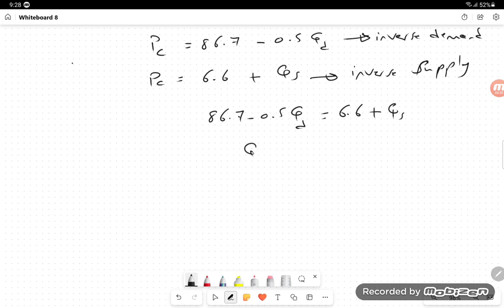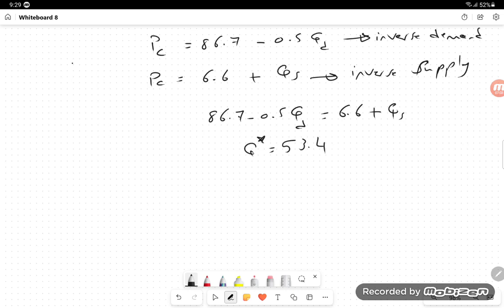So the equilibrium quantity in this case will be 53.4.